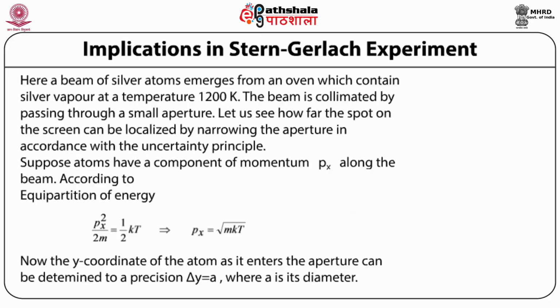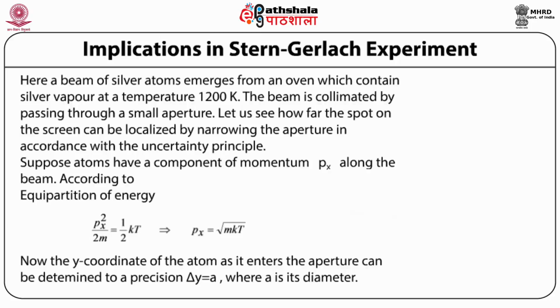So let us look at this figure and see how we are going to set up the experiment. We have an oven which has an aperture A, and the silver atoms emerge from this oven as silver vapor and move along the positive x-axis towards the screen D. The length between the oven and the screen D is L. The width of the oven aperture is a, and the screen is along the y-axis.